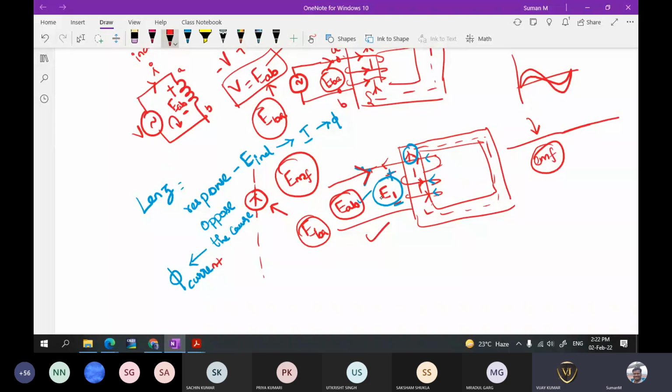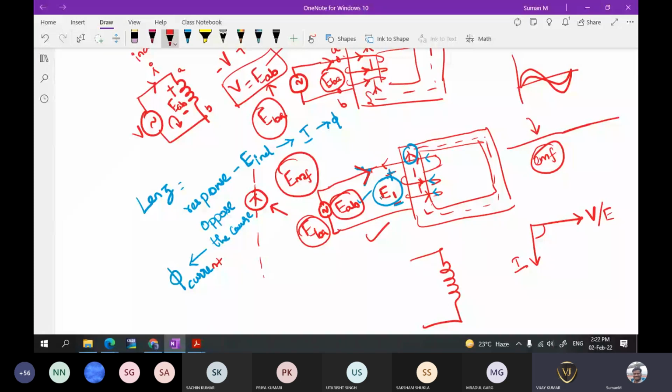Yesterday we saw the phasor diagram. We saw that V is there, and the current is there. The current will be lagging the source voltage by 90 degrees, because we considered this complete part as a pure inductor. Now what is EAB?